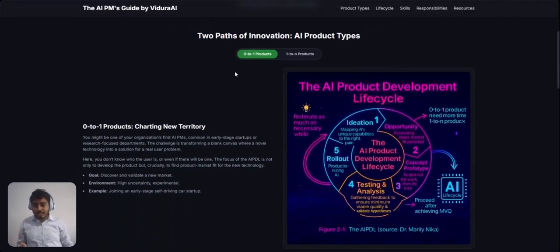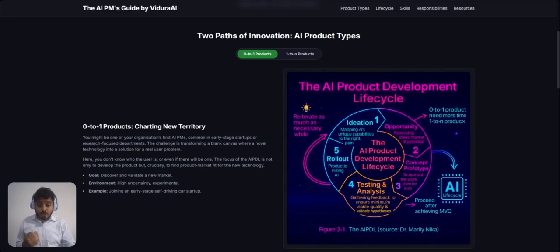So what does 0 to 1 product mean? Starting something new. If you are one of your organization's first AI PMs, common in early stage startups or research focused departments, you are likely working on 0 to 1 products.